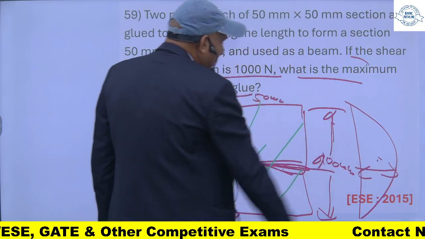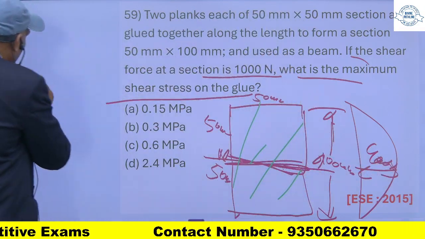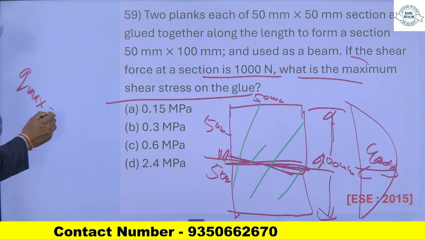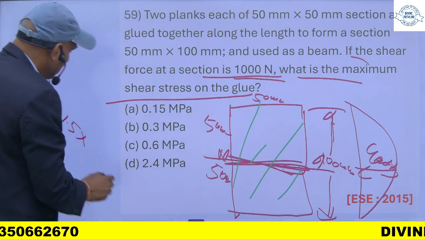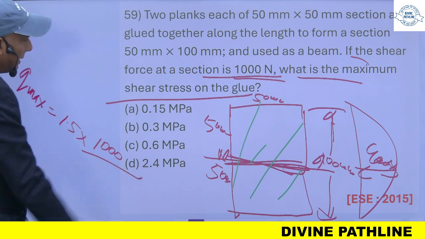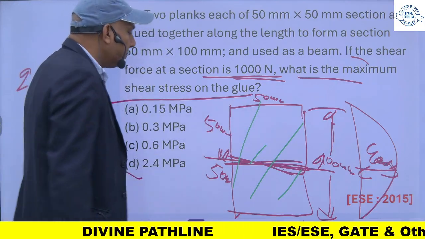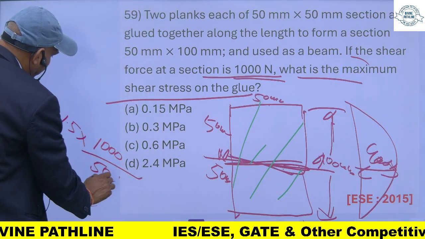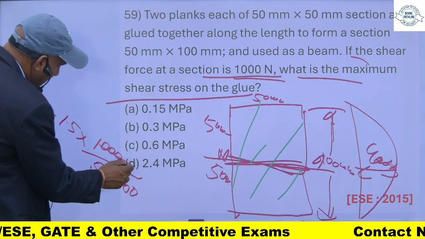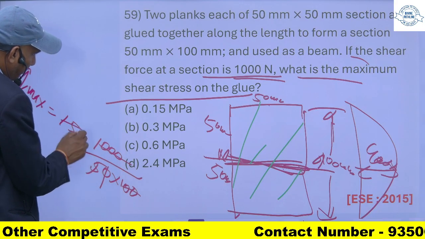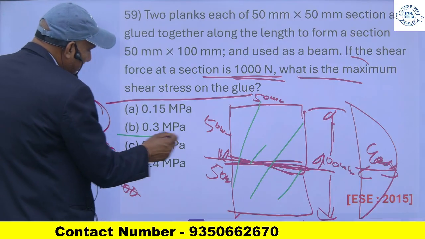Q max will be 1.5 times Q average, and Q average will be shear force divided by cross section area, which is 50 into 100, as this behaves as a single unit. So it will be 0.3 Newton per mm square, meaning 0.3 mega Pascal.